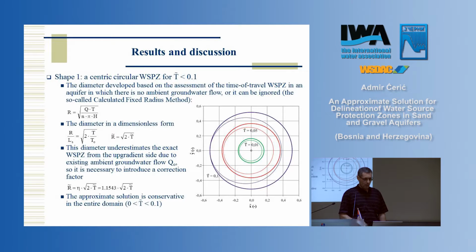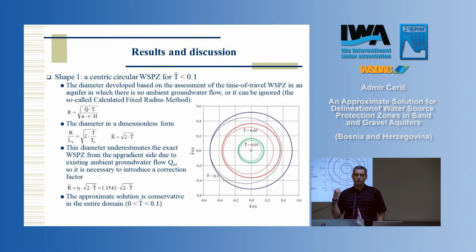So going back step by step and considering these 3 typical shapes, here you can see that based on the so-called volumetric method, the radius of this shape can be estimated using this equation, the first equation up there, which is not in the dimensionless form.